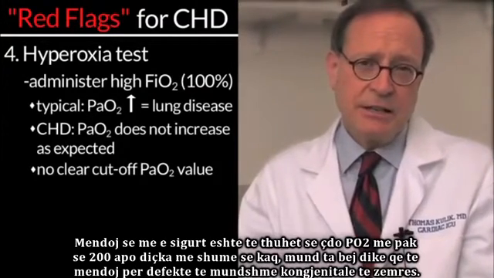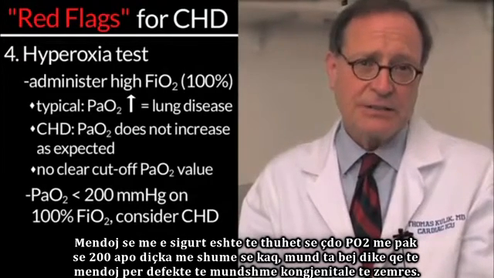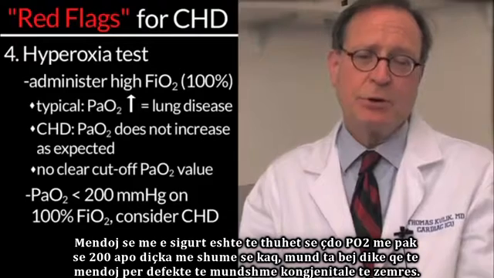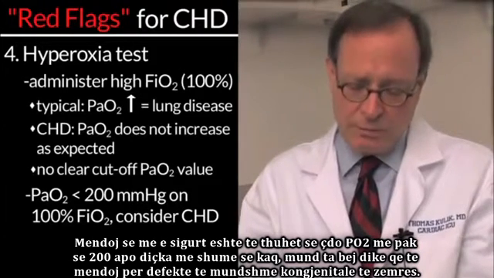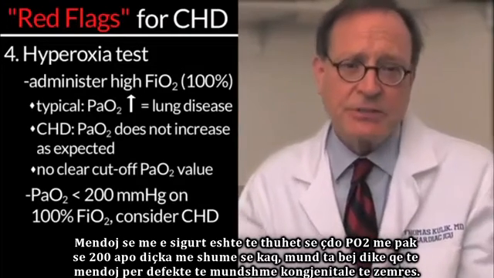I think it would be safe to say that any PO2s less than 200 or even somewhat greater than that would make one have to consider the possibility of congenital heart defects.